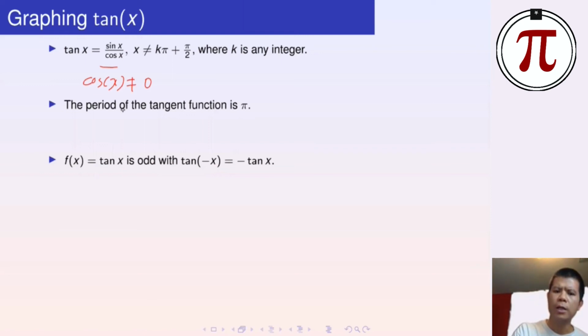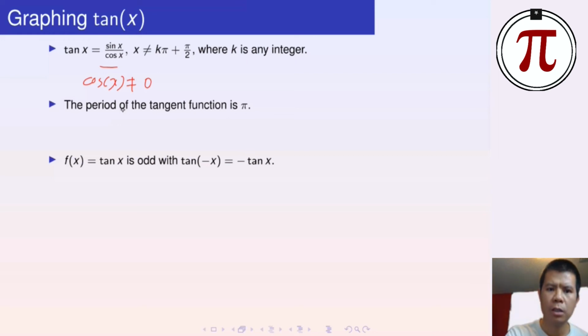If cosine is not 0, it means the x coordinate in a unit circle cannot be 0.